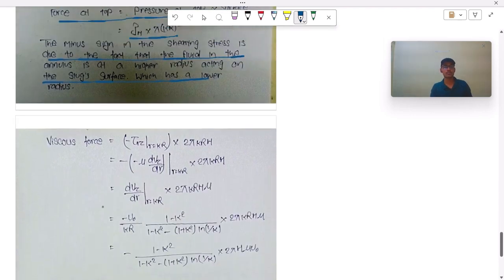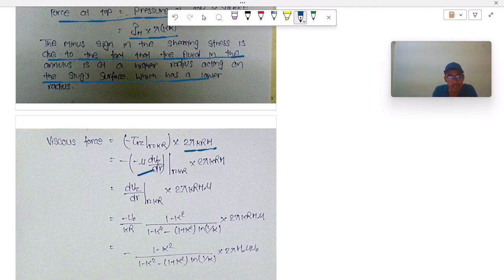So the viscous force is given by minus tau rz at r equal to kappa R into its cross-sectional area, that is 2 pi kappa R into h. By putting the value of tau rz, this is given by minus mu dvz upon dr, where vz is a function of r. The other term also comes, that is dvr upon dz, but vr is equal to 0, so that term will be cancelled out.